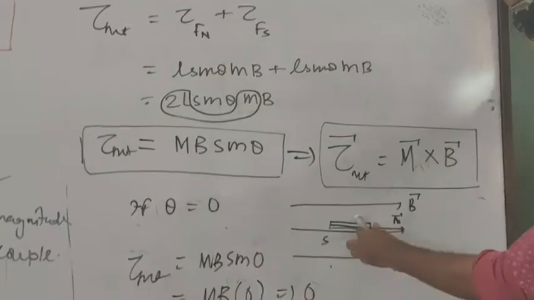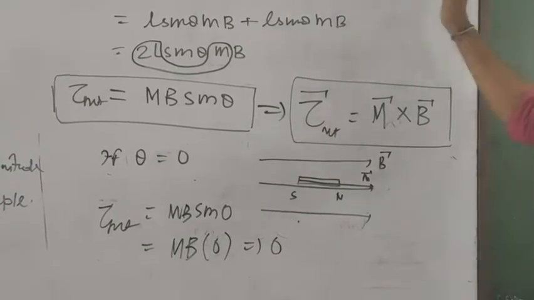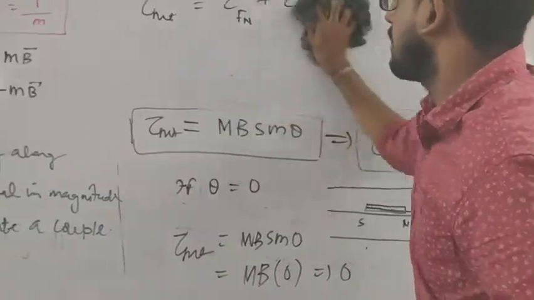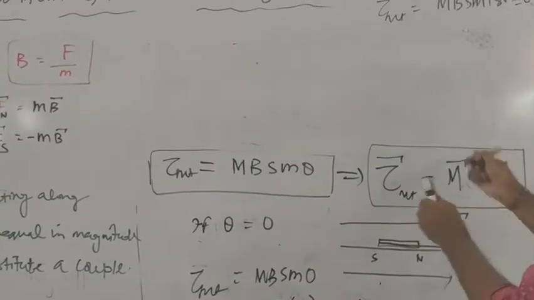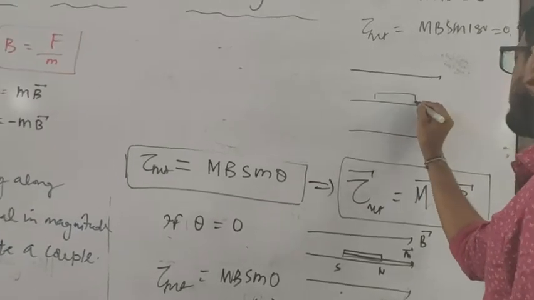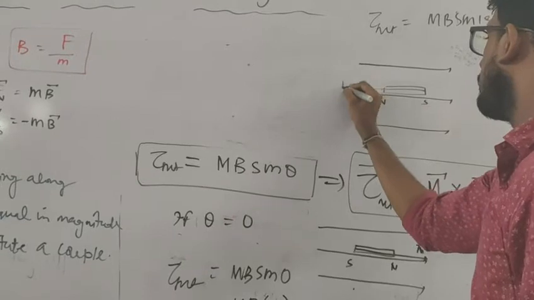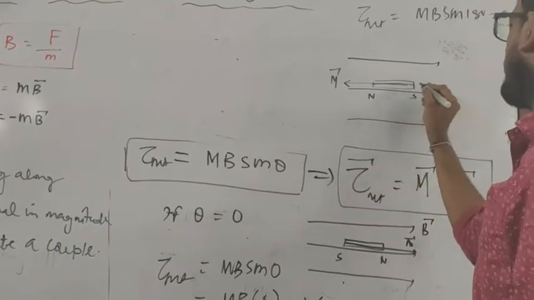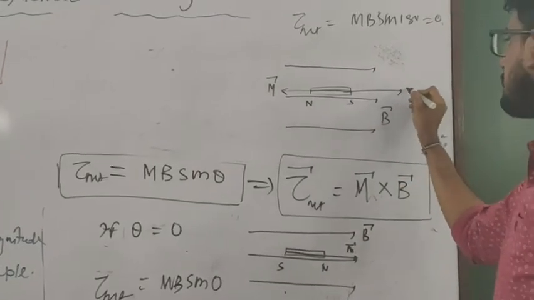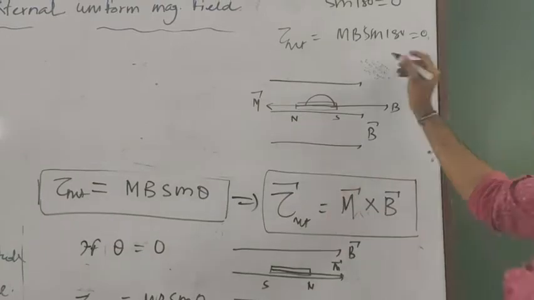So if the dipole is placed in such a way that the magnetic dipole moment makes an angle of 180 with the direction of the magnetic field, that means the field strength is along this direction, here is the south pole and here is the north pole, and the dipole moment is like this. Then the angle between B and M is 180 degrees. Again the torque will be how much?